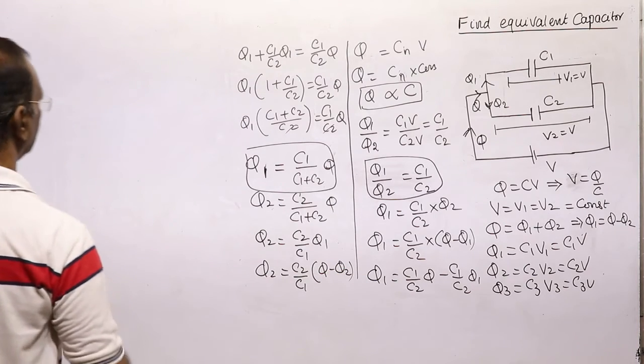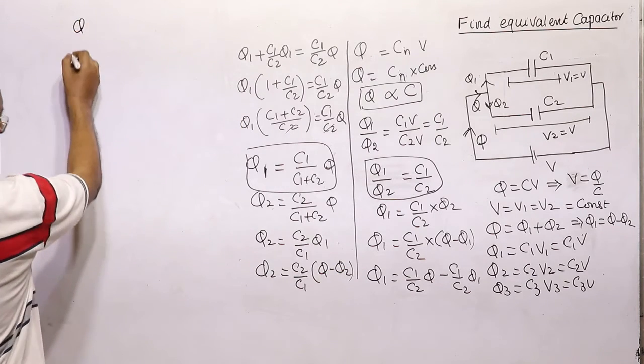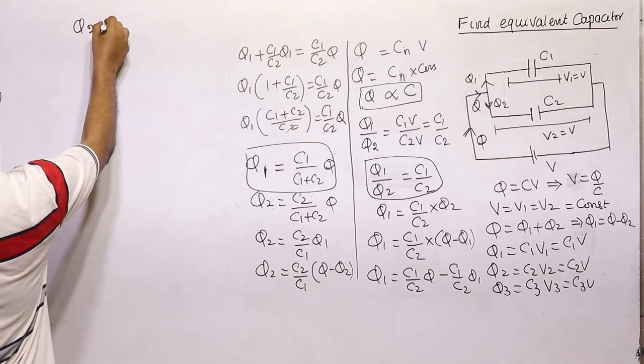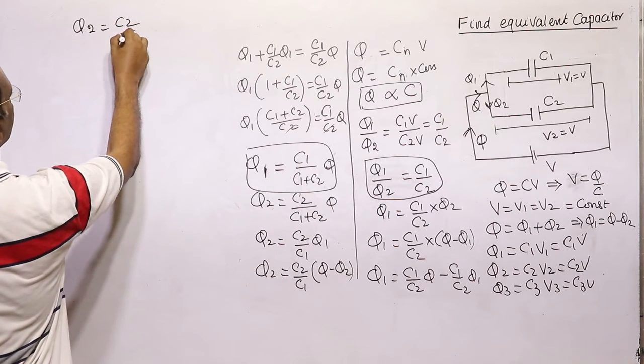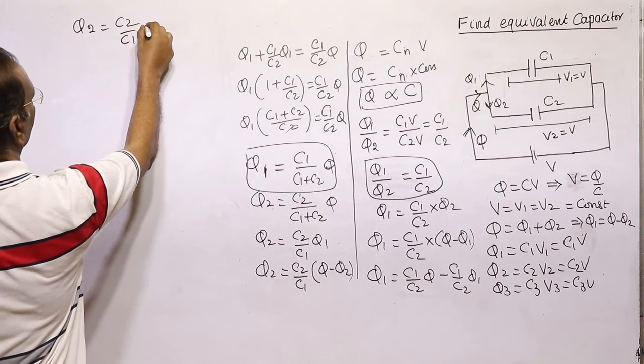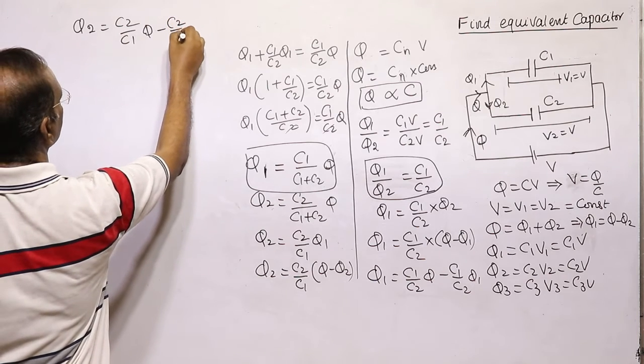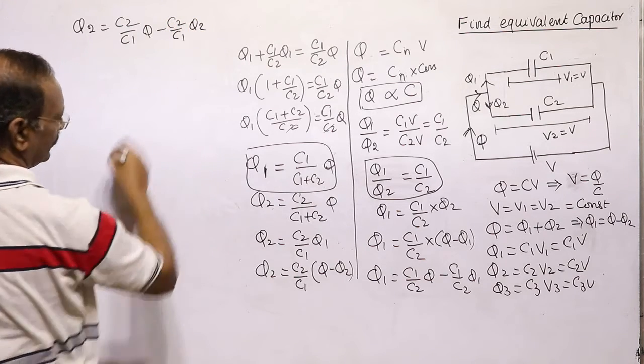And Q2 is equal to C2 by C1 into Q minus C2 by C1 into Q2.